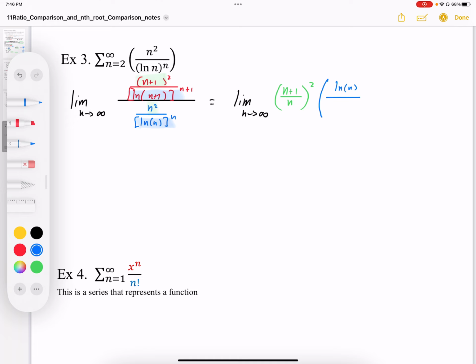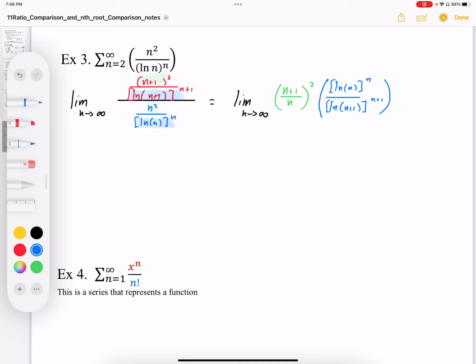We also have a power, so this is going to be to the power n. And we're going to end up with the log of n plus 1 all to the power n plus 1. That's going to be in the denominator.